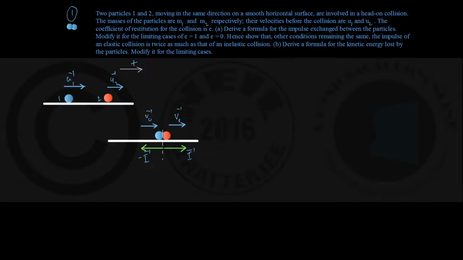And later, after the collision is over, particle 2 is moving forward with a greater velocity, which I'm calling v2 now, and particle 1 is following it with a reduced velocity that I will be calling v1. So I call these velocities v1 and v2 respectively.